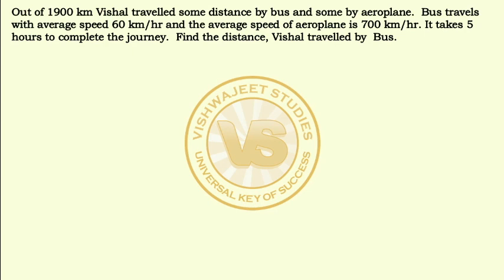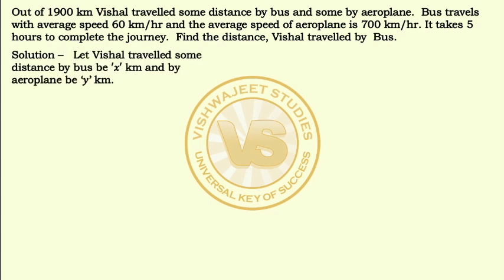If we see the first condition, that is, out of 1900 km we shall travel some distance by bus and some by aeroplane. The word some is used here, which we don't know. For that we are going to use variables later.